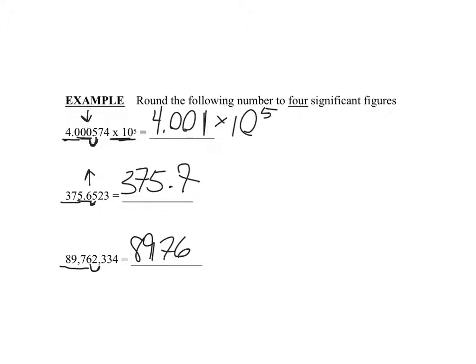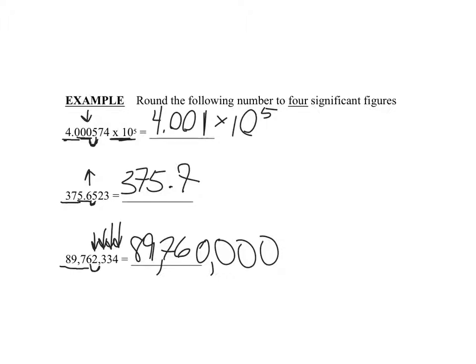So you're going to add zeros to replace all of the numbers that you are ignoring, which means that 2, that 3, and that 4. So we're going to add 4 zeros to the end of this number so that my 89,762,334 is still 89,760,000.